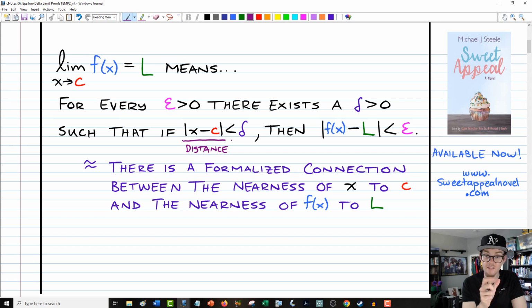And what we're saying is if that's true, then our function value is always going to be within some other related number, epsilon, of the limit value. So in other words, a closeness in x leads to a closeness in y. And in particular, there is a formal connection between delta and epsilon. That's why these are called epsilon-delta proofs, because we're going to use epsilon and delta to represent those tiny distances from the x value we're interested in and the y value we're interested in, aka the limit.